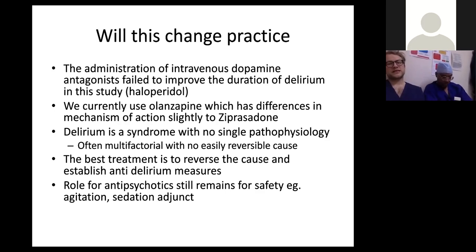The best treatment is to reverse the cause and establish anti-delirium measures. So I think that we could do far better in preventing delirium by encouraging a sleep-wake cycle, engaging patients in the day, allowing them to sleep at night, treating their pain. So doing all the things that are mentioned in our guidelines before delirium unmasks itself would be more ideal.